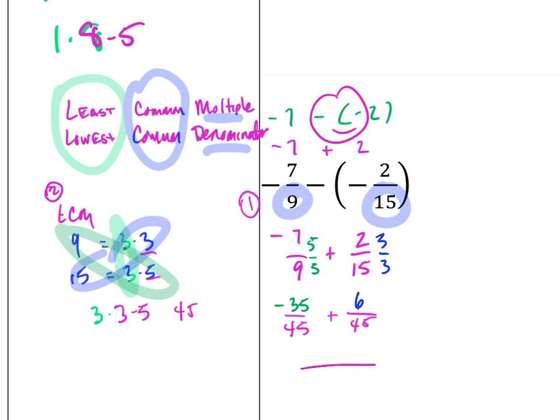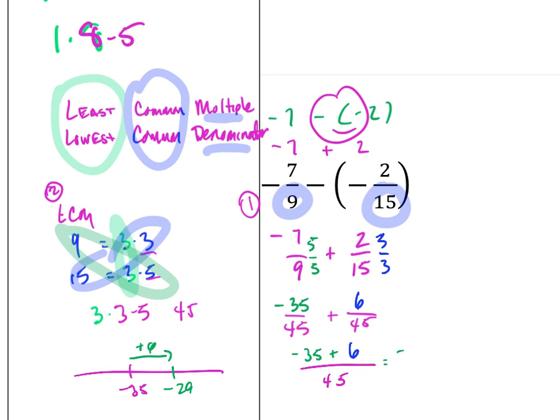Okay, you did this on purpose because now what you want to say is, look, these are all over 45. And now what I'm going to have is negative 35 plus 6/45. Now I got to do the integer math. So if I started at negative 35 and I added 6, I'd go that way 6, which means I'm going to be at negative 29.